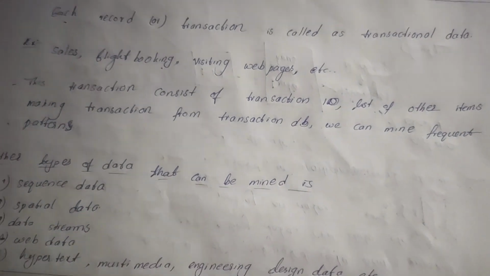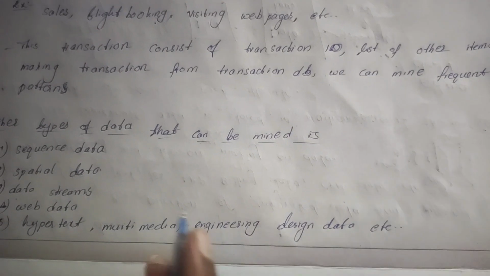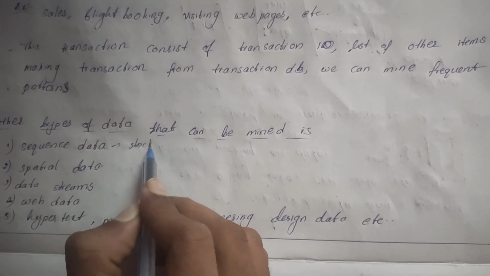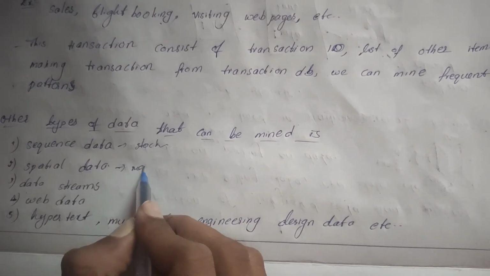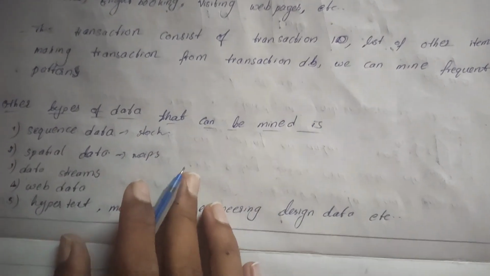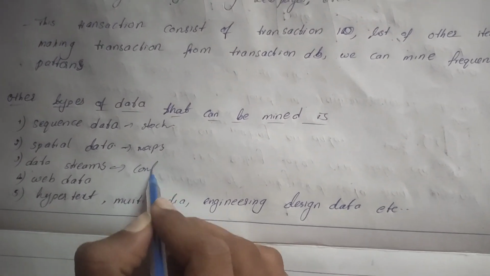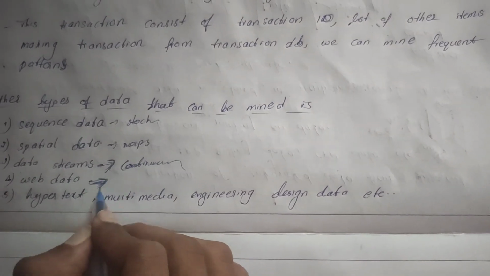Let us look at other types of data that can be mined. Sequence data, for example stock data, comes under sequence data. Spatial data means maps. Data streams are continuous streams of data.